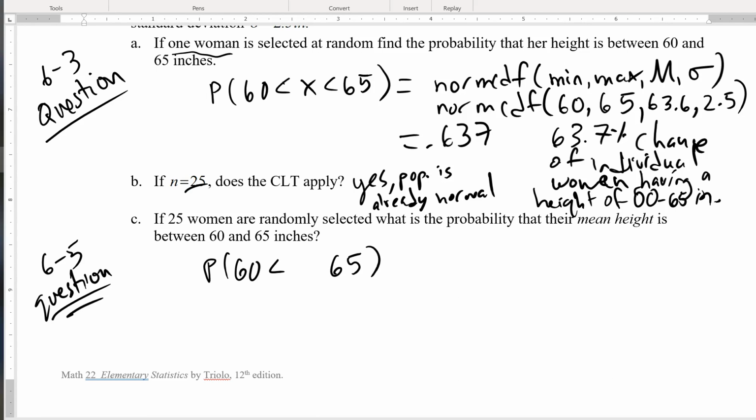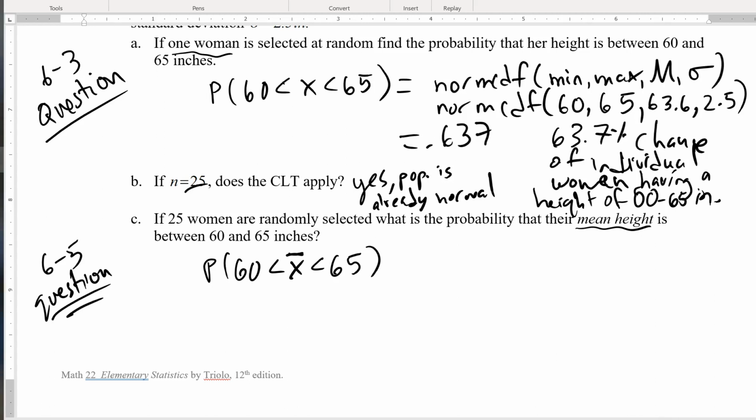Now keep in mind, this is not an X. Yeah, it is. You just wrote an X. No. They want the probability that the mean height of those 25 women is between 60 and 65. This is an X bar. This was an individual woman. This is a group. The probability that that group will have an average height between 60 and 65 inches.